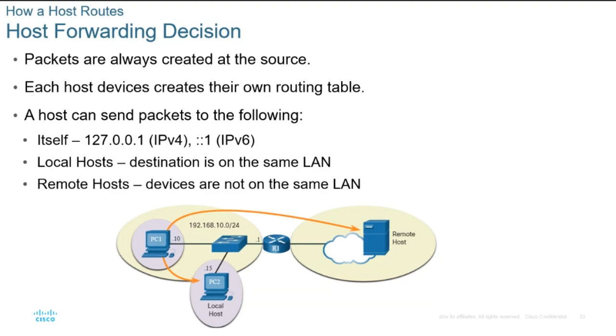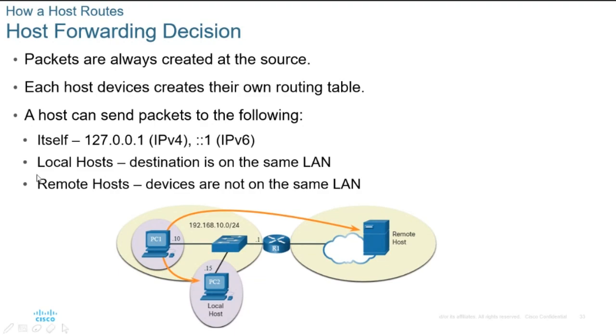So, kung makita din sa ating figure, yung PC1 natin, connecting to a local host on the same network. Ayan. Connect siya sa local host. Kumbaga ito ay nasa isang network. And then, to remote host located on the other network. So, yung remote host naman, nasa other network.